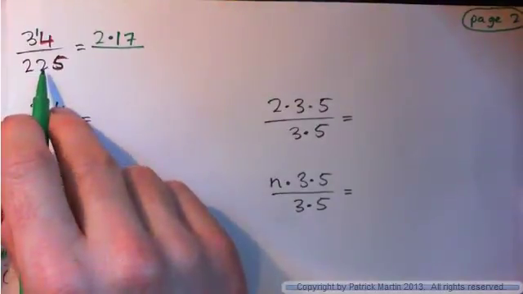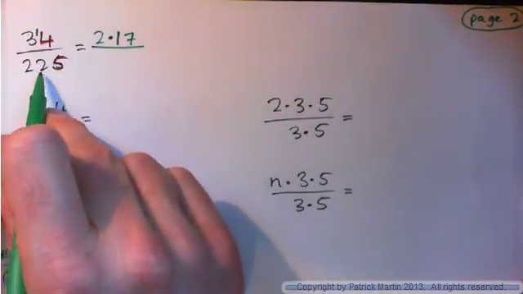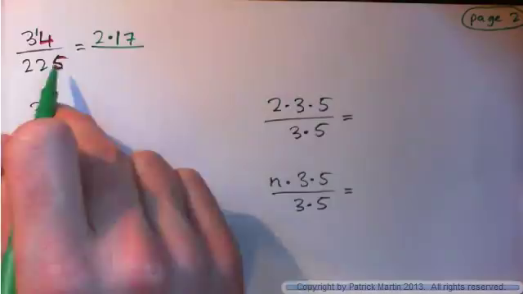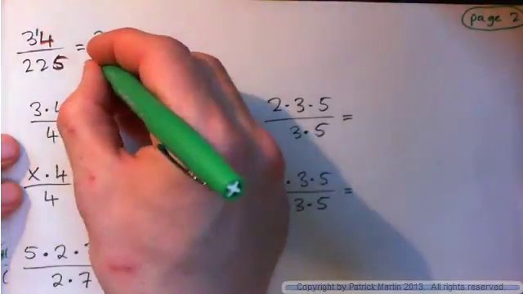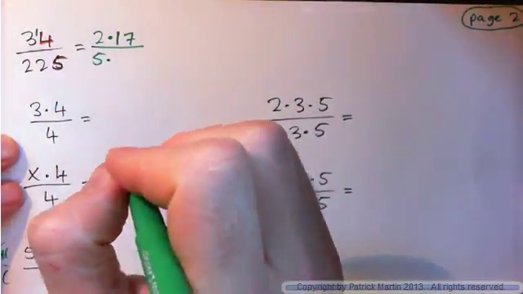Now look at the bottom. It ends in a 5. So what factor would go into this number here? Would that be 5, right? Okay.